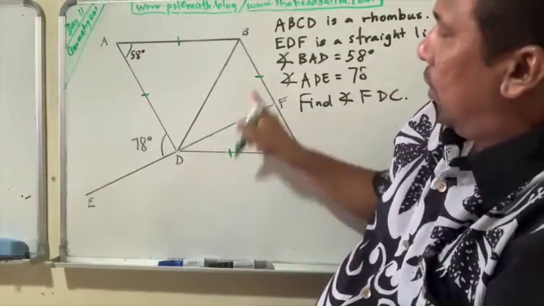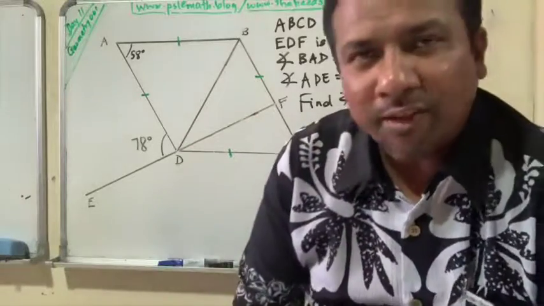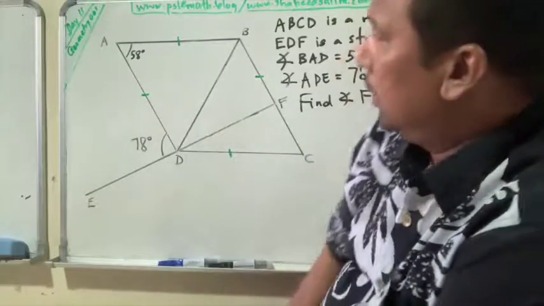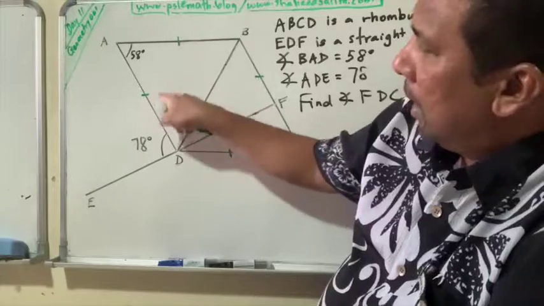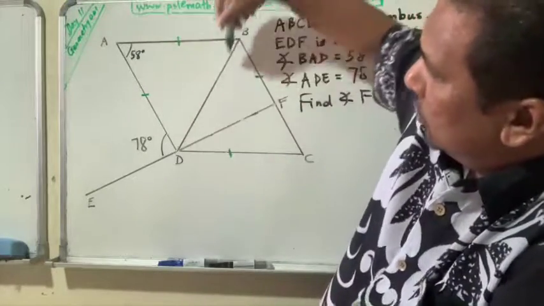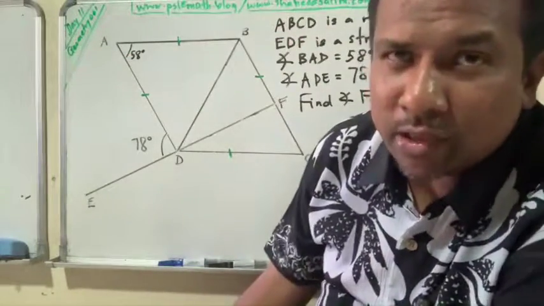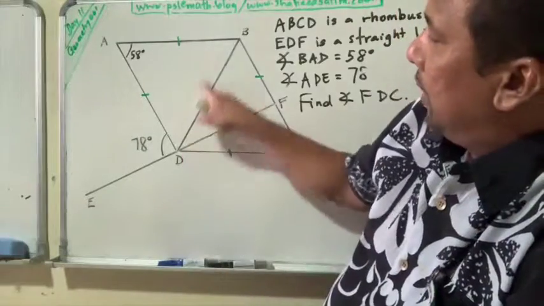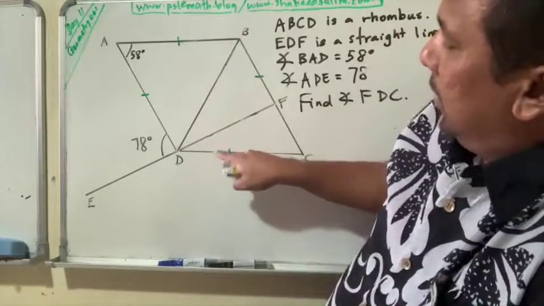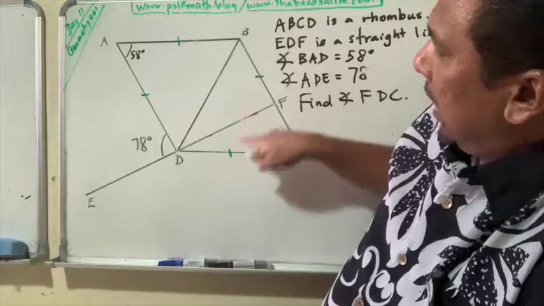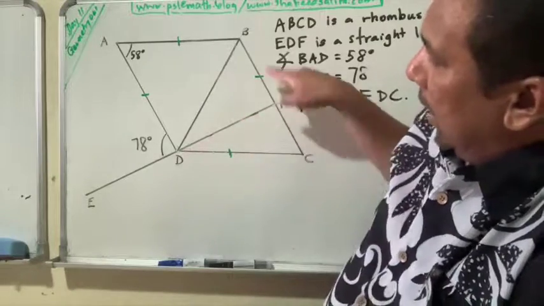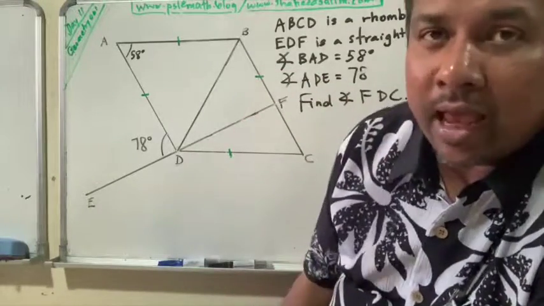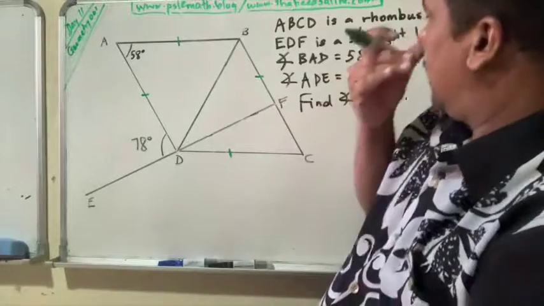This indicates that all its four sides have the same length. Once you mark this, you can see that this triangle here is an isosceles triangle, right? Two sides of the triangle are equal, so you can find these two angles.